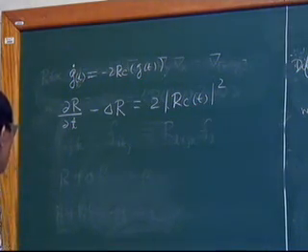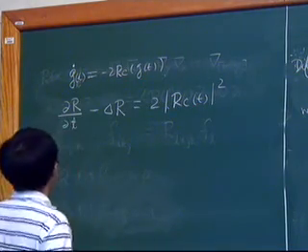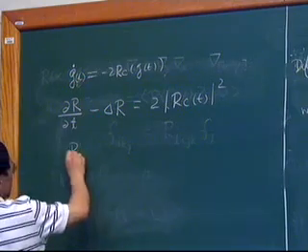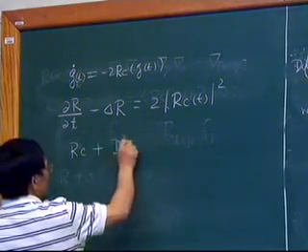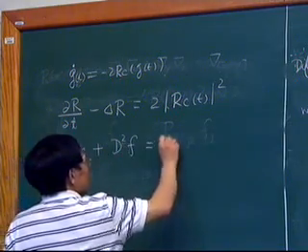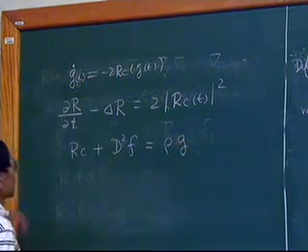So if you have a shrinking soliton, you have Ricci plus Hessian f equals rho g.